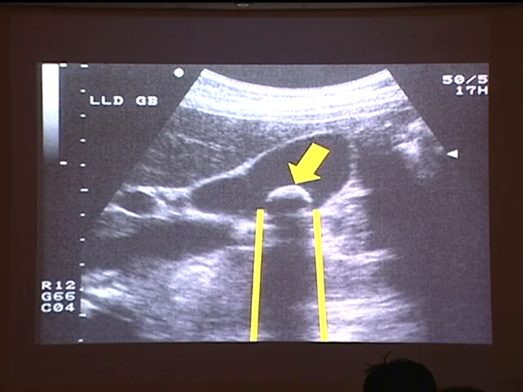If the structure is still there, it's more likely a gallbladder polyp, because a gallstone is a mobile structure. It can roll in the patient's gallbladder. So if the patient moves position, the gallstone will move.